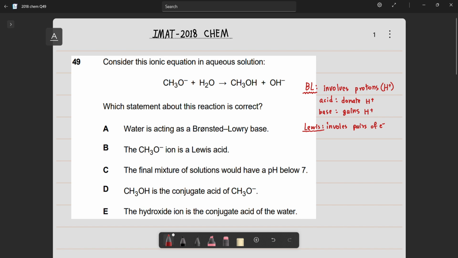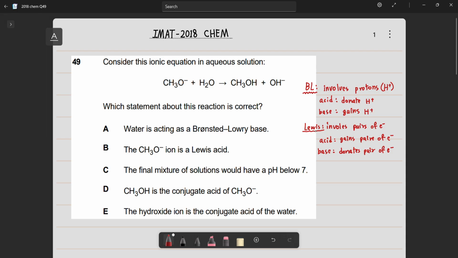The Lewis acid gains a pair of electrons, whereas the base donates a pair of electrons. So the acid gains a pair of electrons from the base.